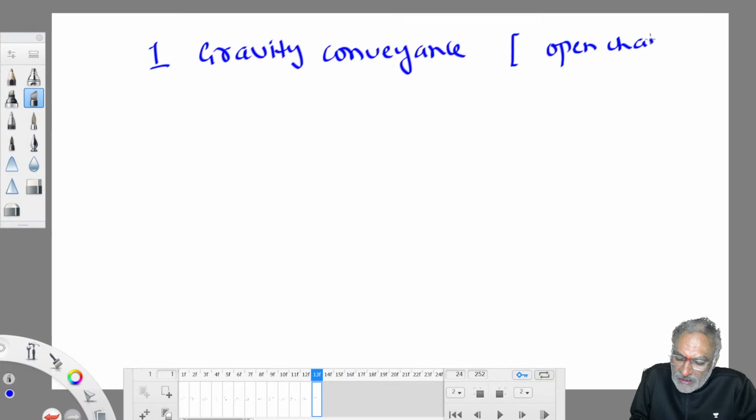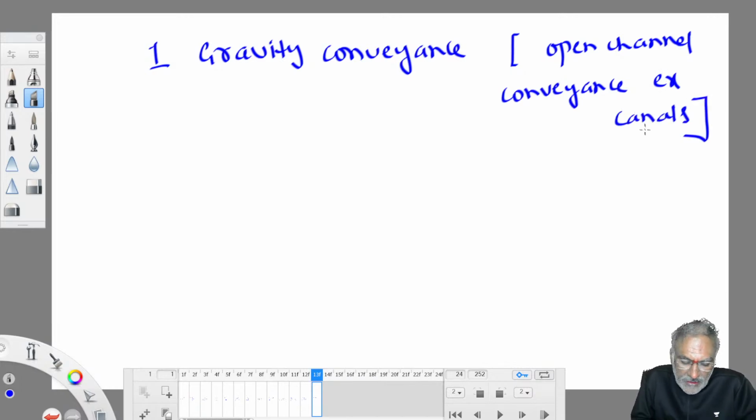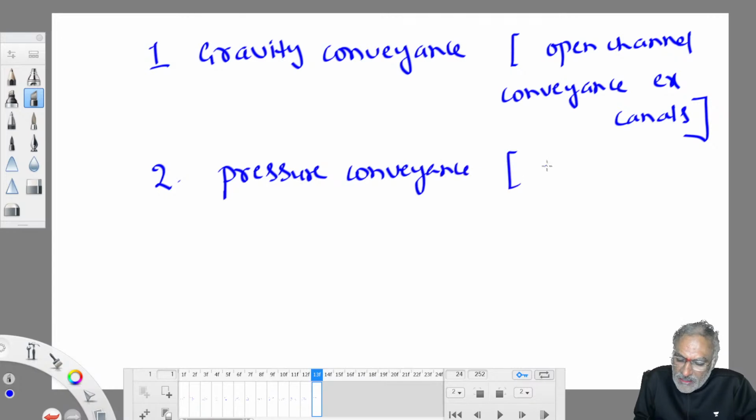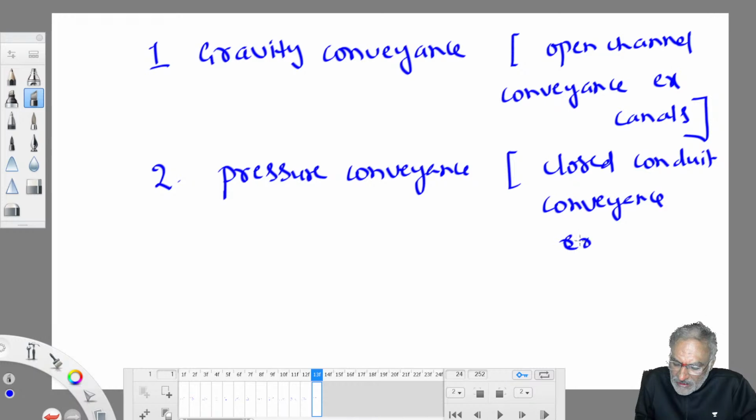It's called open channel conveyance. Example is canals. Canals are used. Second one is pressure conveyance. Pressure conveyance is closed conduit conveyance. Example is pipes.